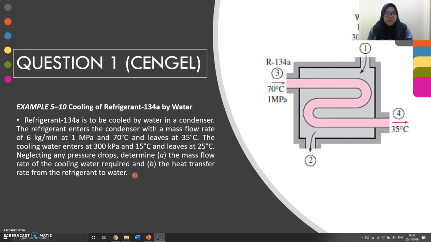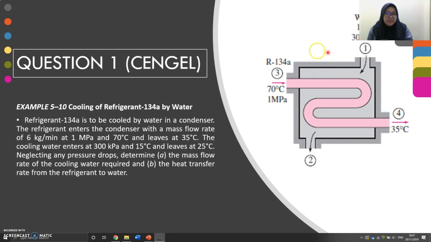The cooling water enters at 300 kilopascals and 15 degrees Celsius and leaves at 25 degrees Celsius. Neglecting any pressure drops, determine A, the mass flow rate of cooling water required, and B, the heat transfer rate from the refrigerant to water.